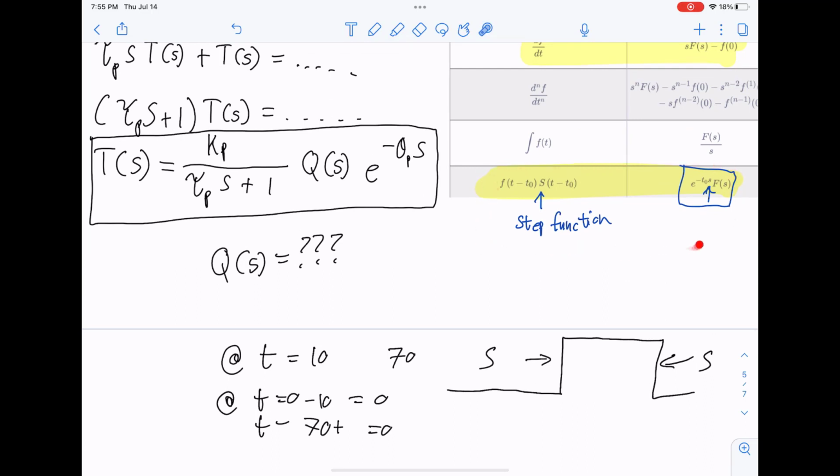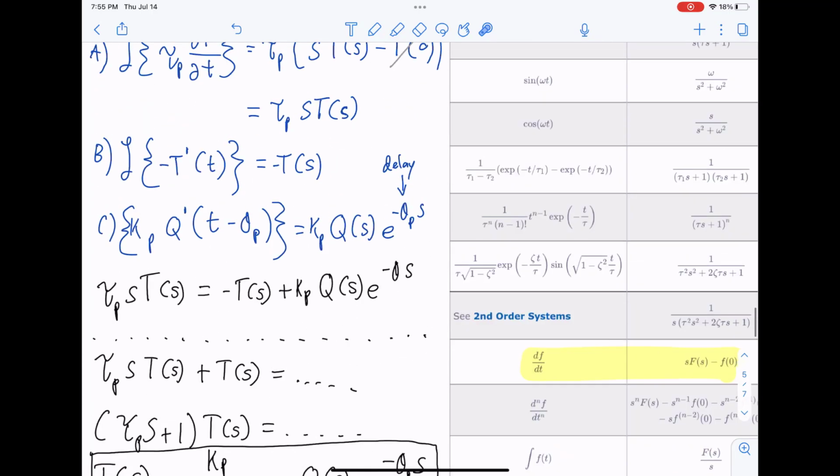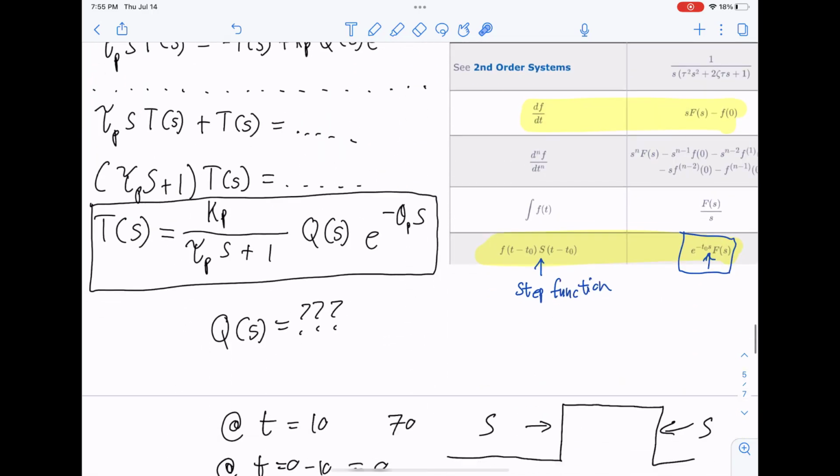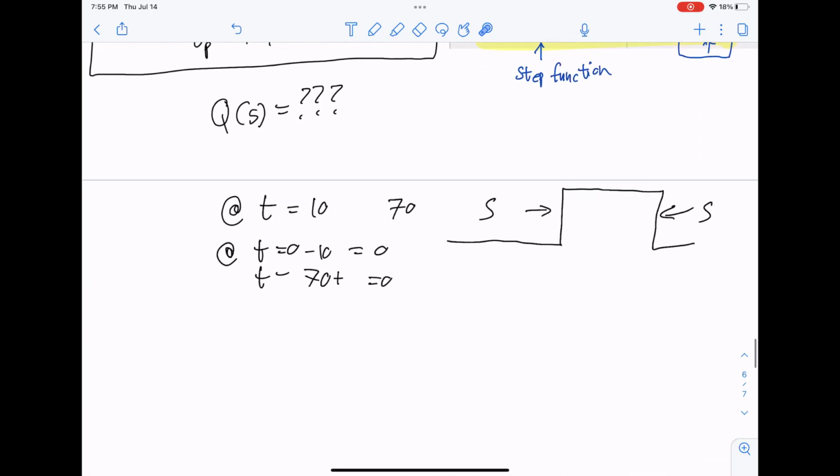Right here. So let's think it through. That negative t naught is going to be how far offset it is. So that t naught is where the offset is, and that f of s is going to be our Q, but our Q is actually a step function. So it's going to be the degree of the step function, so 70 times 1 over s, because a unit step is 1 over s in the Laplace domain.